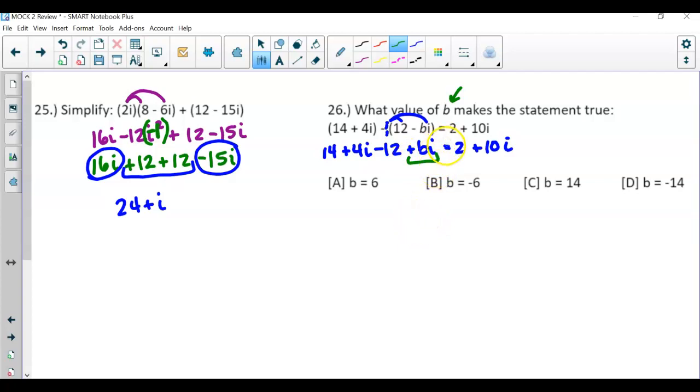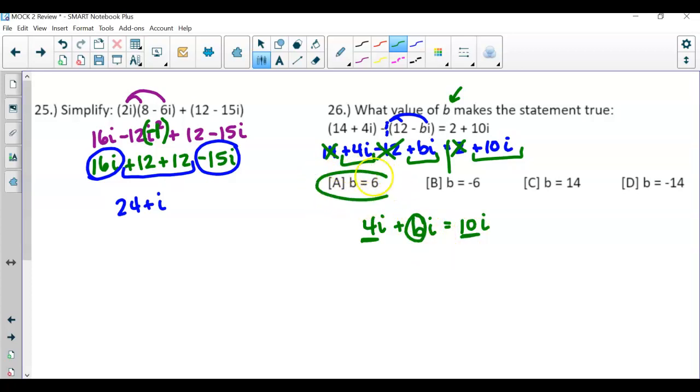So on this side of my equation, I just need to focus on imaginary because that's what b is. What else is imaginary? Well, 4i. So 4i plus bi. No other, because 14 is real and negative 12 is real. We only need imaginary. So this is equal to 10i, because 10 is also imaginary. 2 is real. So 4 plus what gives you 10? That's why here the answer is A.